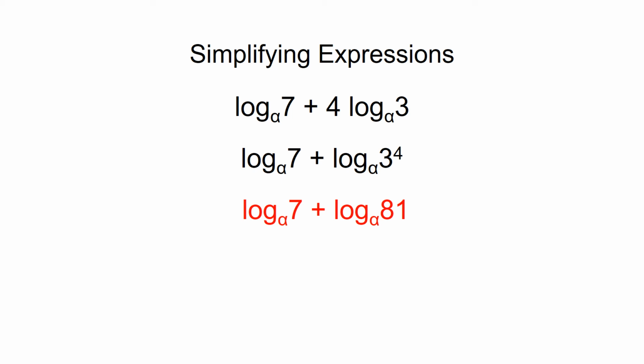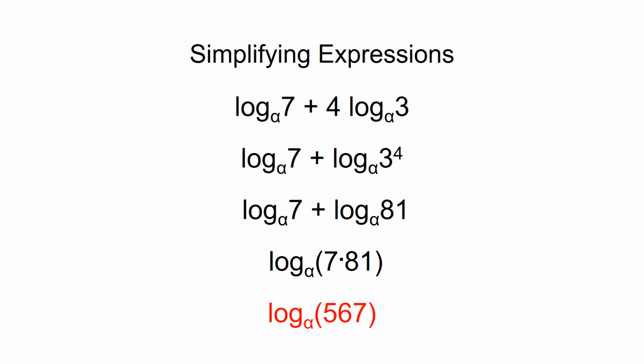Now we have log base a of 7 plus log base a of 81. By noticing that they have the same base, they're added together. Well, actually, this is equal to the log base a of the product of those two terms, 7 and 81. Log base a of 567. And given that we don't know a, that's as far as we can take this in terms of simplification.